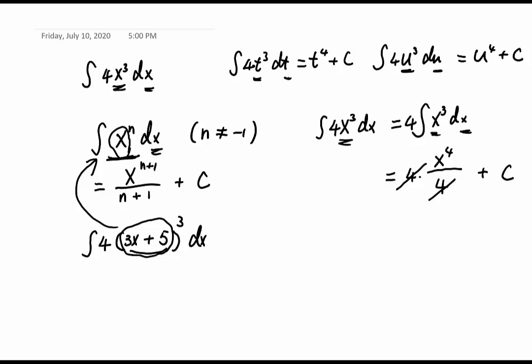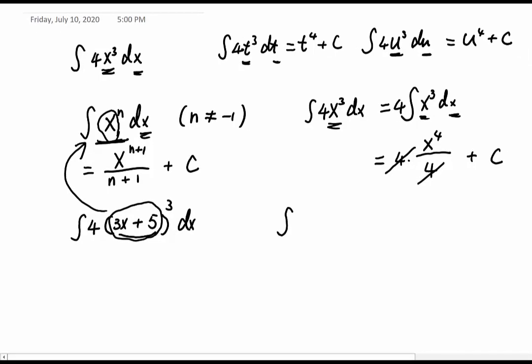To understand this problem, you have to understand that we have something called a function. So now we can consider 3x plus 5 as a function. Sometimes people use f of x to define the function. When we do the integration, we can also use u to define the 3x plus 5.